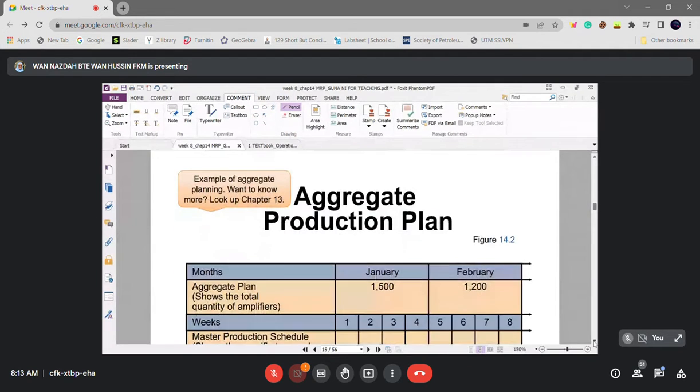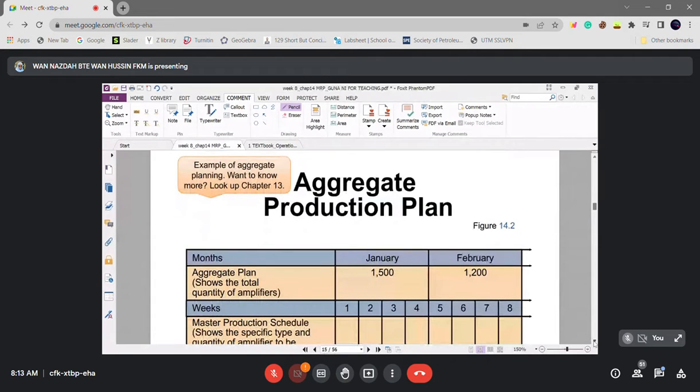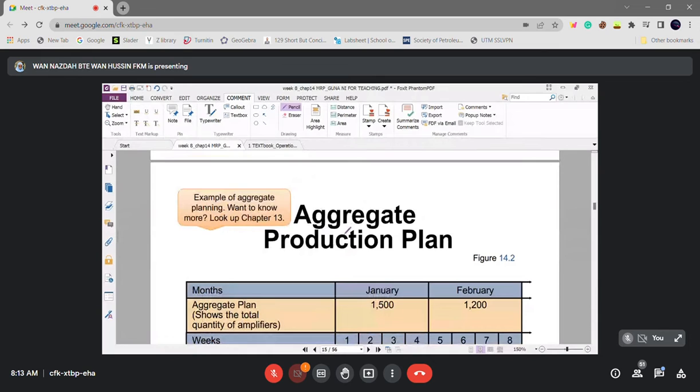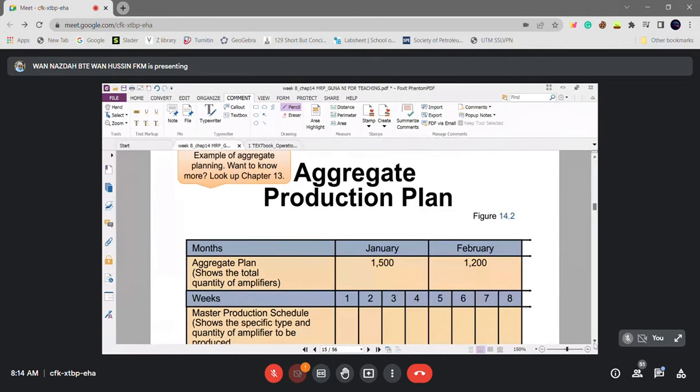Let's see the difference between the master production schedule and the aggregate plan. For the aggregate plan, the example given here is for 2 months, January and February. For January, it consists of the total number of production including all types of the model produced in that month.